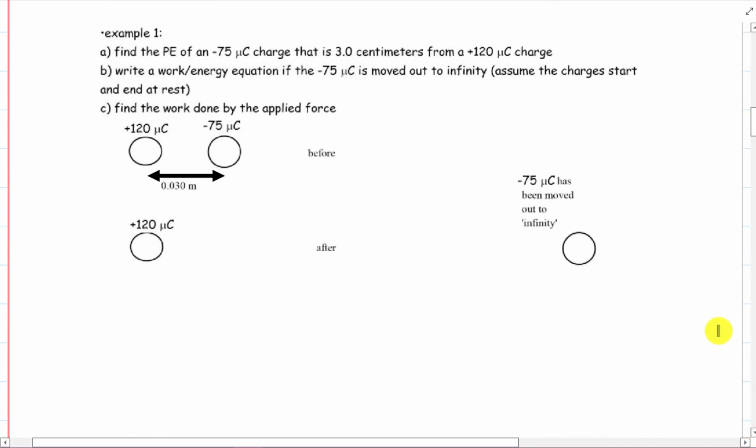Let's try an example. Find the potential energy of a negative 75 microcoulomb charge that is 3 centimeters from a 120 microcoulomb charge, and they're attracted. So we write the equation.